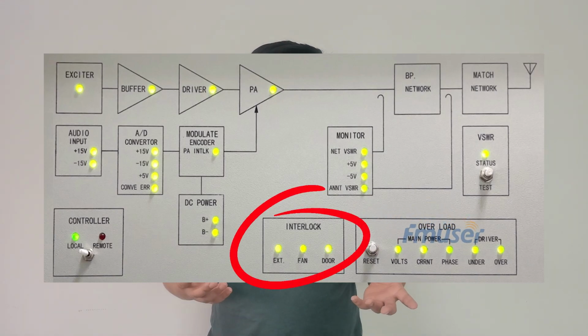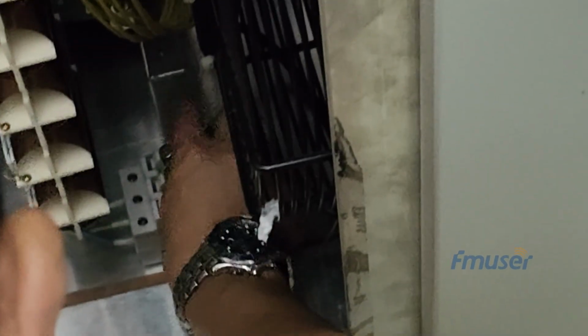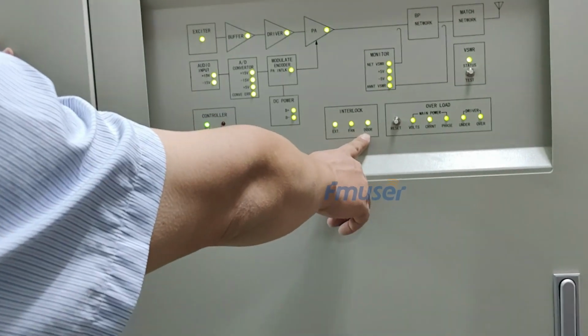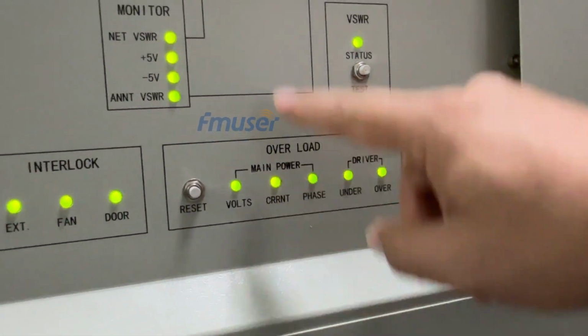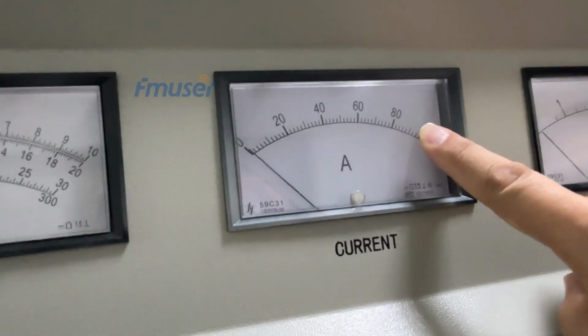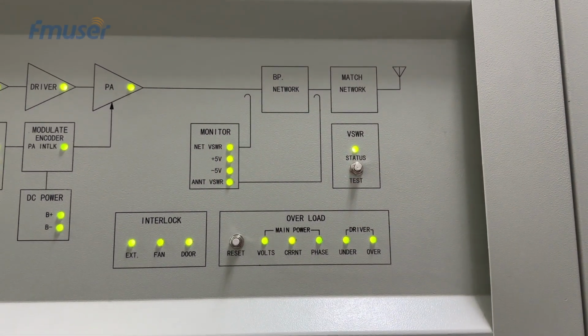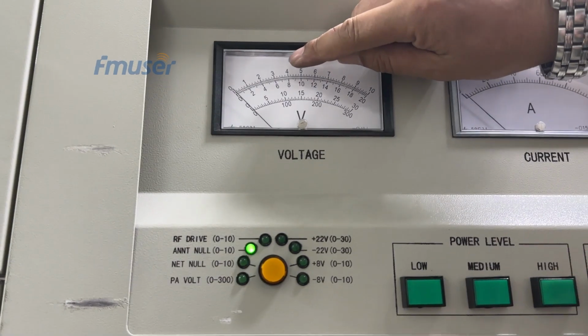And interlock indicates whether the transmitter is properly connected to the external devices, and built-in devices such as fans and doors. And overload, it indicates whether the main voltage of the transmitter is overloaded. And VSWR, it indicates whether the transmitter VSWR, also known as voltage standing wave ratio, is within normal parameters.